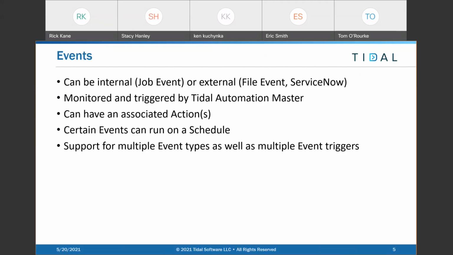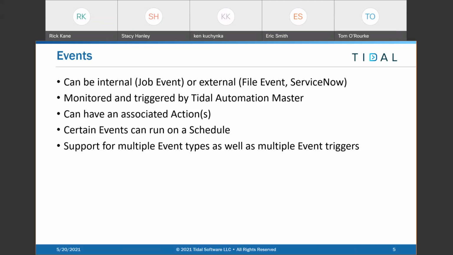So if the event is the cause, then an action is the effect. So we have multiple options for events. An event can either be internal, such as a job event, meaning something that actually happens at the job level, or a system event, something that happens at the TA system level. Or it can be external, such as a file event or an adapter event, such as SQL, SAP, Servicenow.